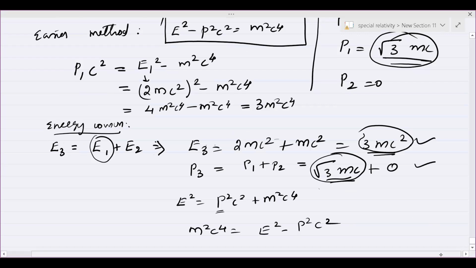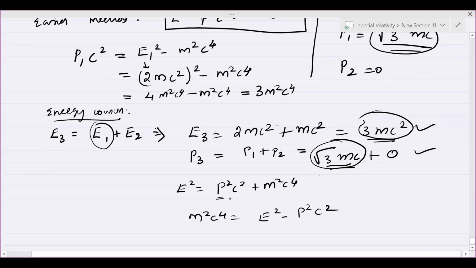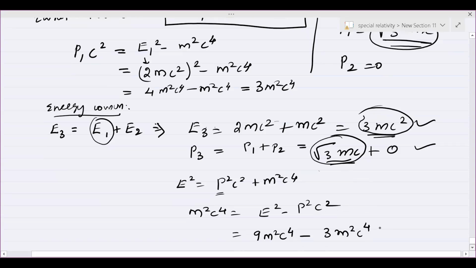And we already have E and P. So this is equal to 9 m square c raised to 4 minus P square c square, which is 3 m square c raised to 4, so that's equal to 6 m square c raised to 4.